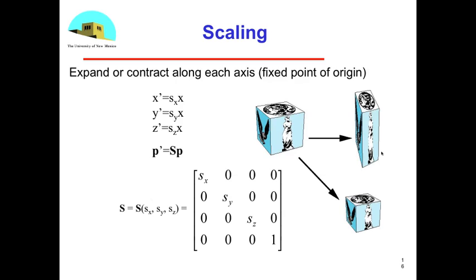Now, also notice from these diagrams, we have no reason to want to scale equally in all directions, which would be called uniform scaling. So these three constants can be different. One could be large and the other small, or we can get something like this. Now, what happens if one of them is negative? Well, I think we've seen this a little bit before. You get reflection about that axis.